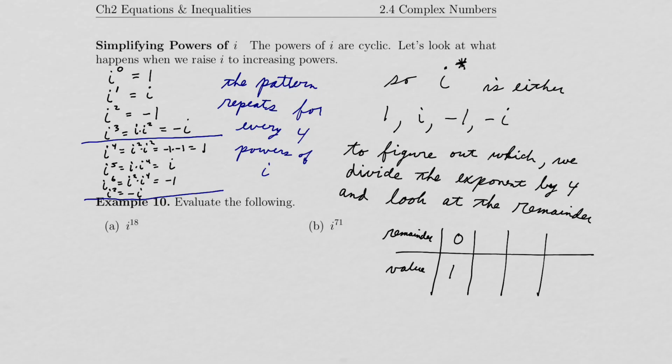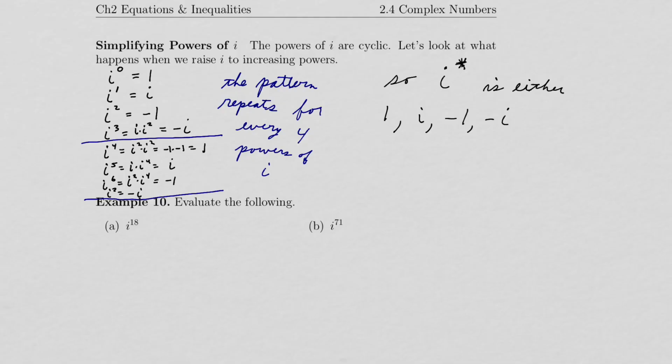Okay, and we saw that here, right? When we did i to the 0, we got 1. 0 divided by 4, the remainder is 0, so the answer is going to be 1. If I do i to the 4th, right? Okay, again, I apologize. I'm having problems with the iPad and it just keeps going blank on me. So let me try this one more time.